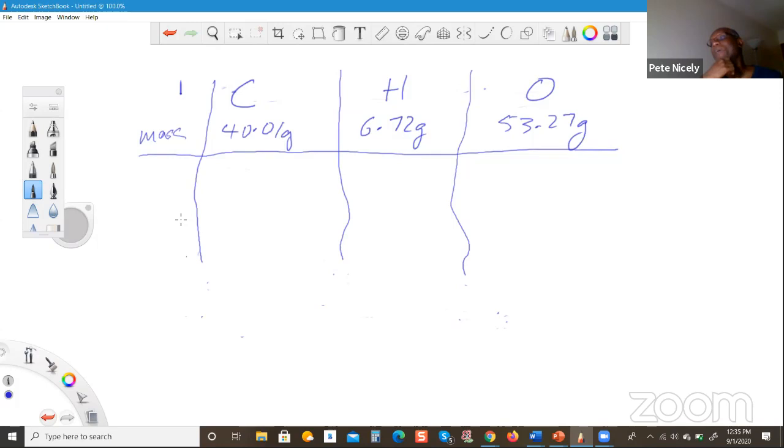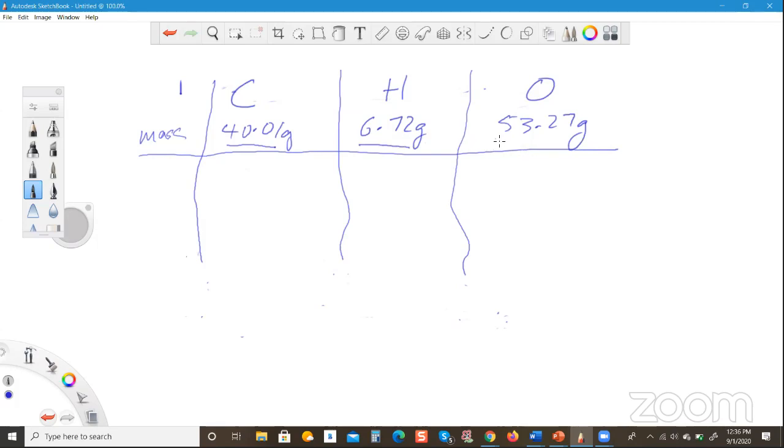The reason we assume that is that if we assume 100 grams of the compound, then the masses of the elements would be the percentages expressed in grams. So in other words, for 100 grams of the compound, you're going to have, as I've written here already, 40.01 grams of carbon, 6.72 grams of hydrogen, 53.27 of oxygen, all right? Those are the masses of each element present per 100 grams of the compound.